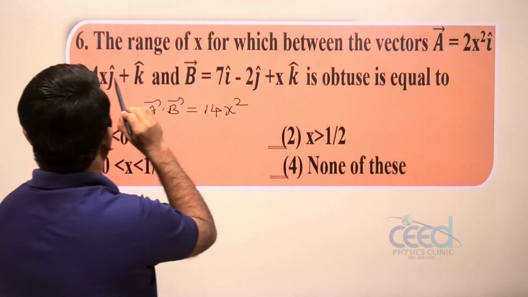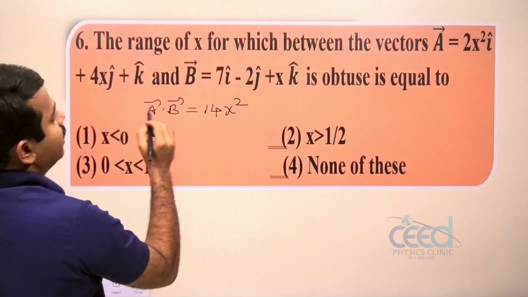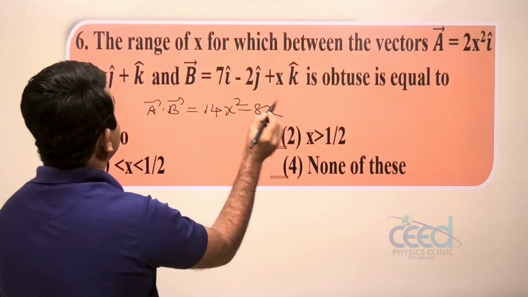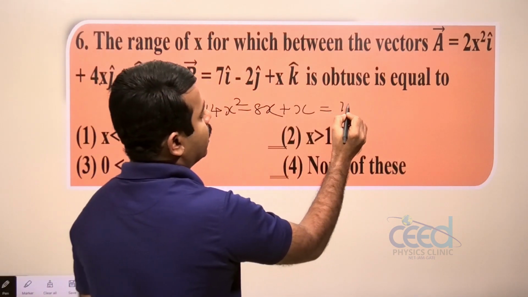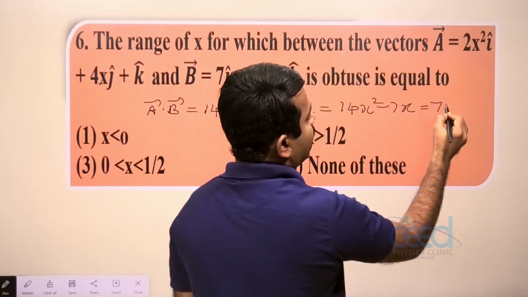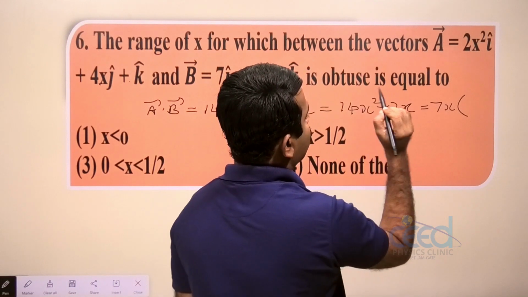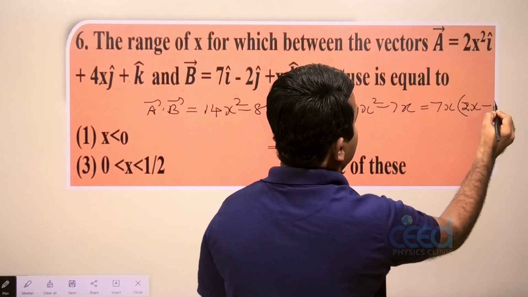Then 4x into minus 2, that is minus 8x. Then plus x. That is equal to 14x square minus 7x, that is 7x into, what can I write, x into 2x minus 1.